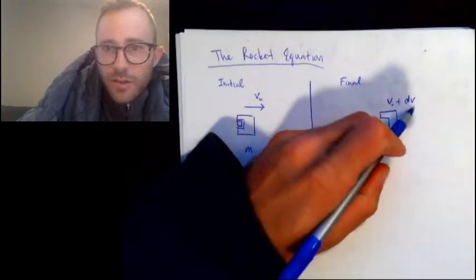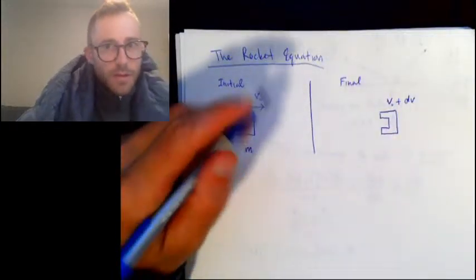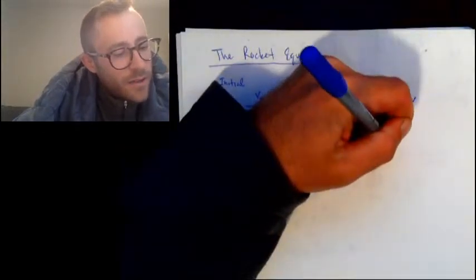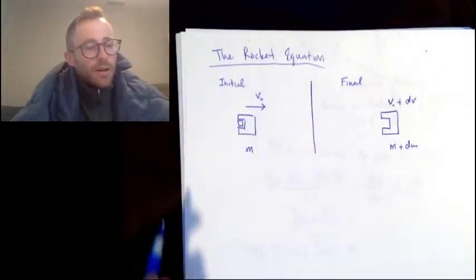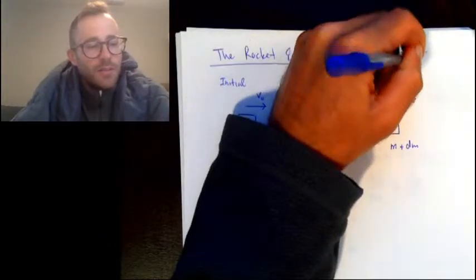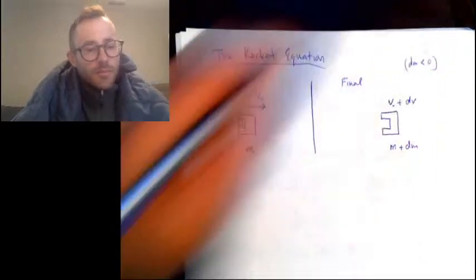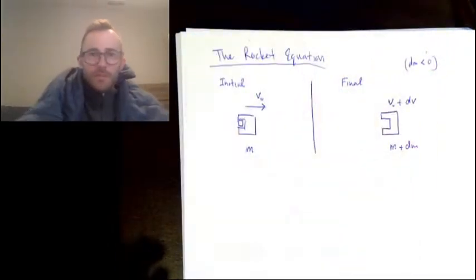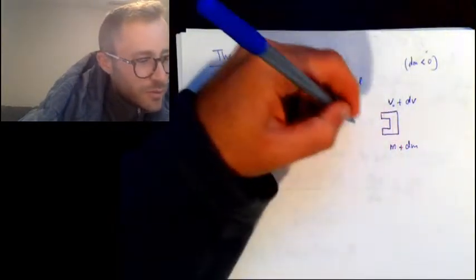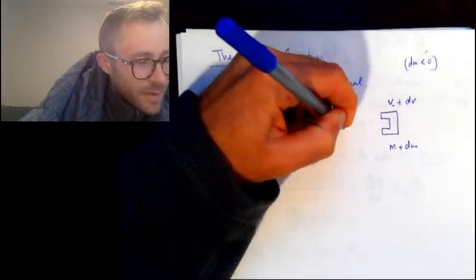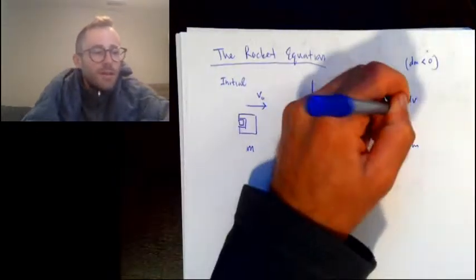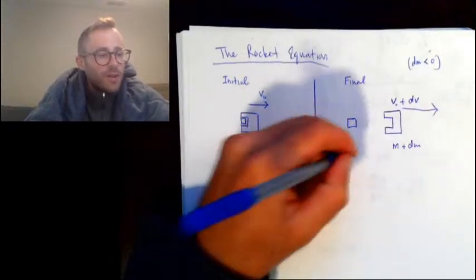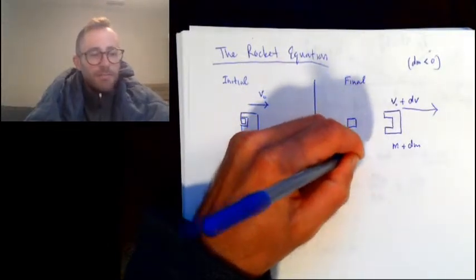So dv is the change in velocity. Okay. And it has a mass of m plus dm. Please keep in mind that dm is going to be less than 0 because it actually lost mass. And then it sprayed out the exhaust. Okay. The mass of the exhaust would have to be negative dm.